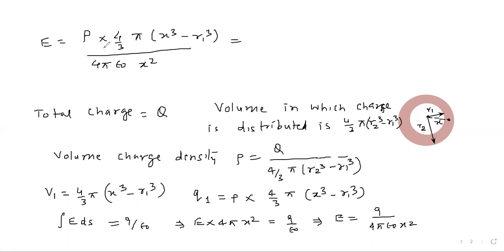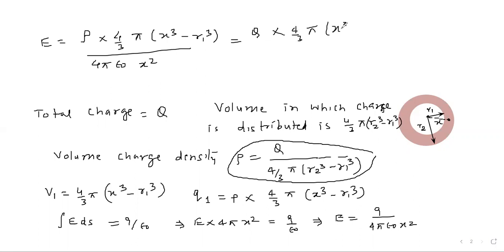So we can put the value of rho also. So rho is this value. So we will get Q times 4 by 3 pi (x cube minus R1 cube) divided by, here we are putting the value of rho, that is 4 by 3 pi (R2 cube minus R1 cube).